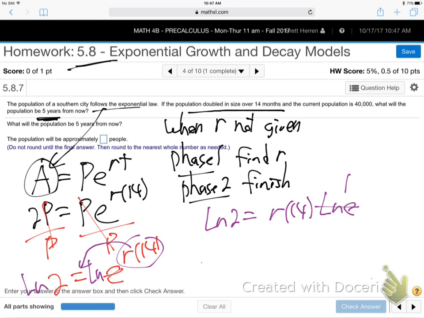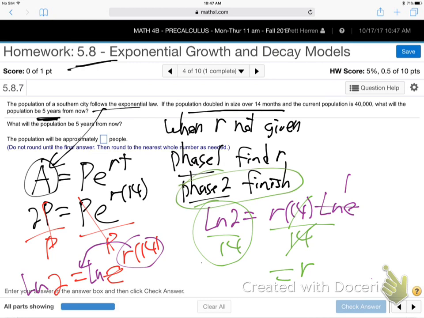Divide by the 14. R equals ln 2 over 14, and I would just leave it that way. Remember, I'm into leaving the R because it makes things easier later. So that's just phase one. We would then need to finish phase two and finish the rest of the question. So we didn't quite finish, we never do, huh?